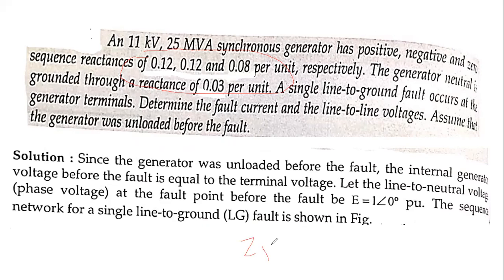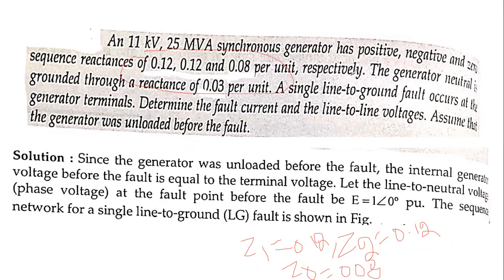First, positive sequence Z1 is equal to 0.12. Negative sequence Z2 is equal to 0.12. Zero sequence Z0 is equal to 0.08 per unit respectively.